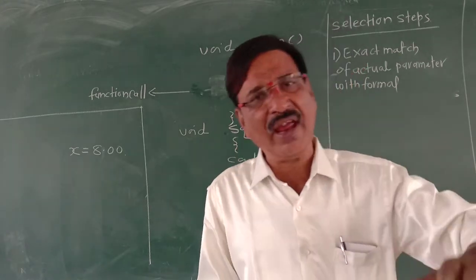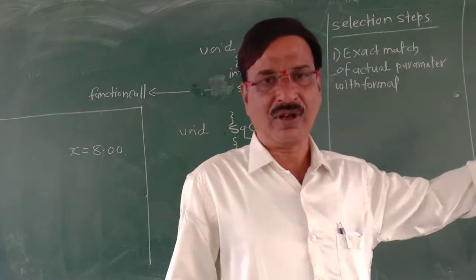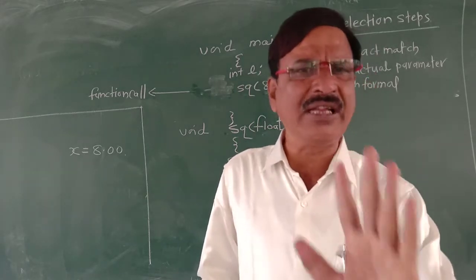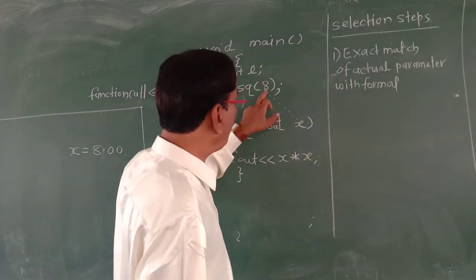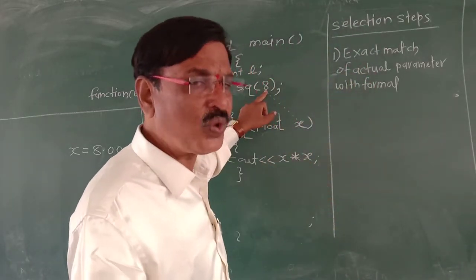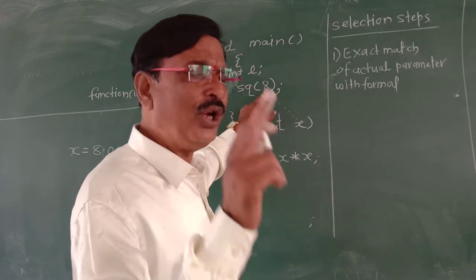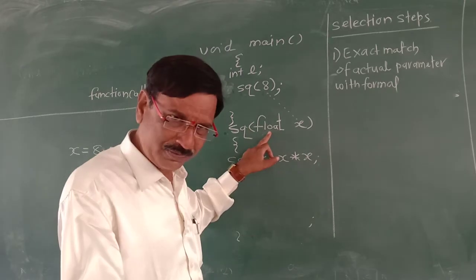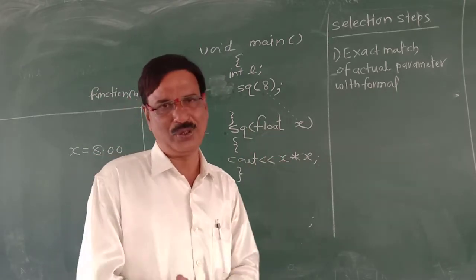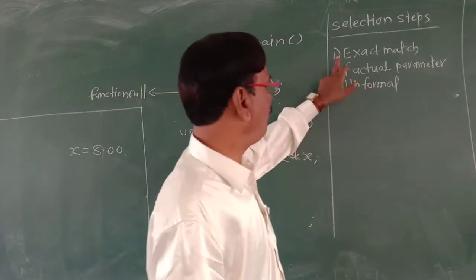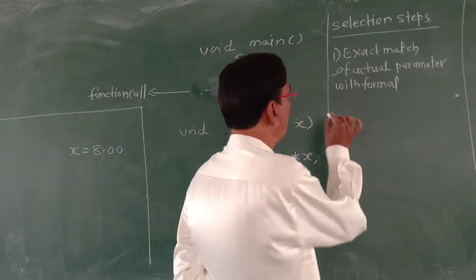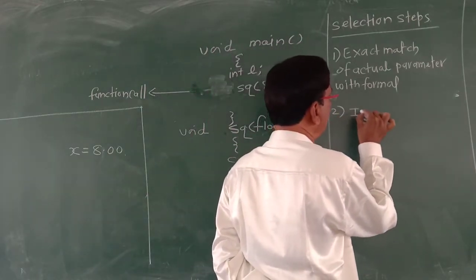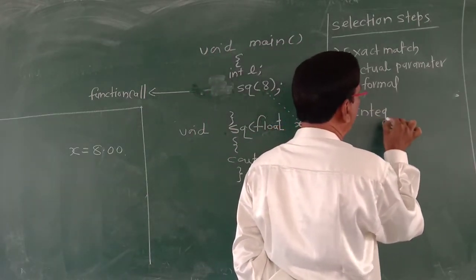Then instead of cancelling the function, the compiler thinks, why don't we convert the 8, which is an integer, into 8.00, that will match the float and the function will be executed. So no doubt the first step fails, that is exact match. But this is called integral promotion.